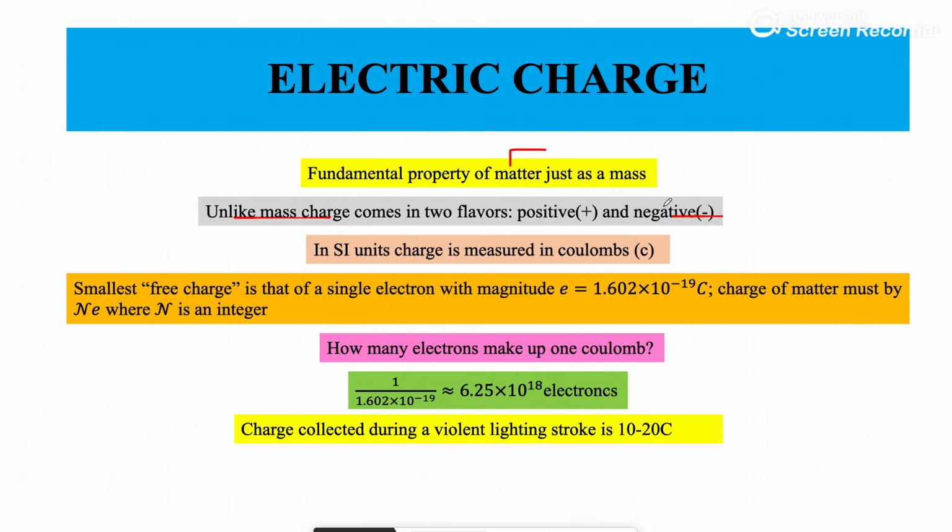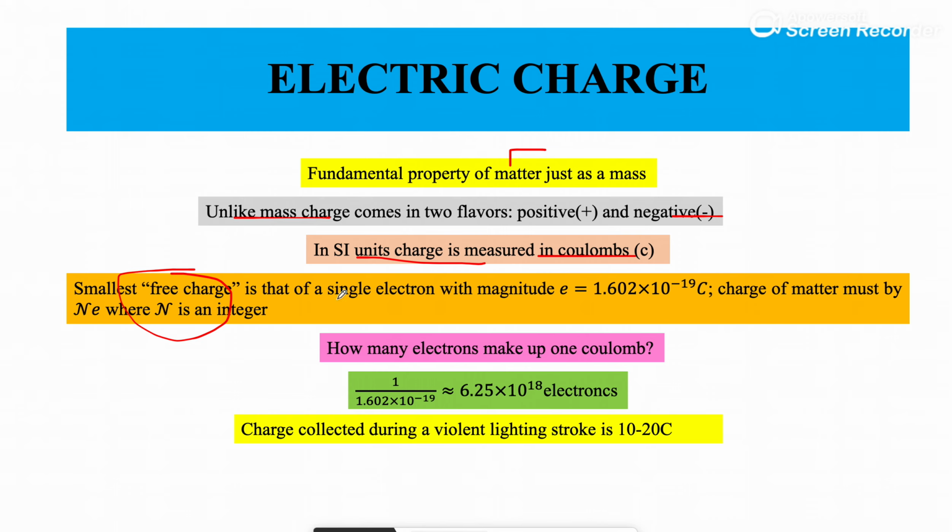So how do we measure charge? We measure charge in the SI unit of coulombs. This is the same Coulomb who gave the force law between two charges, and we have honored him by measuring charge in coulombs. Now I just told you that matter is made up of atoms, made up of electrons and a nucleus, and electrons are the smallest free charge available to us.